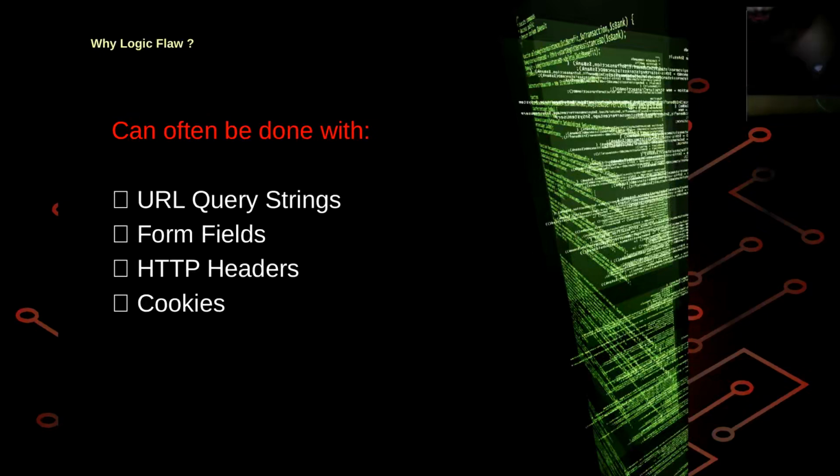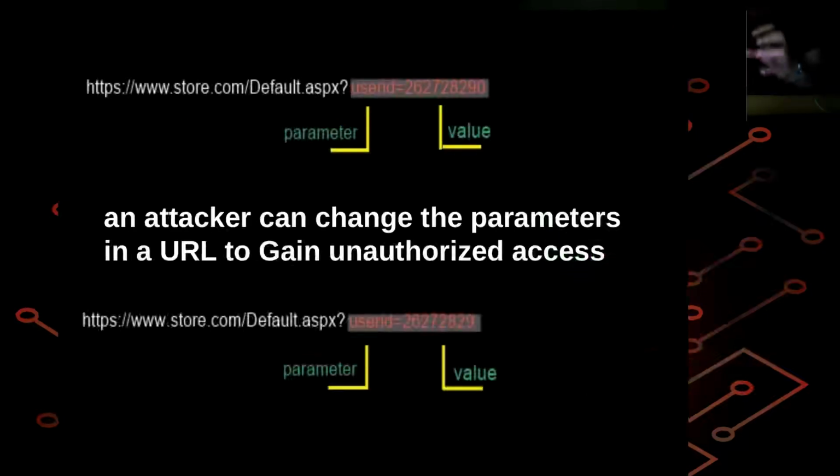We have two store websites, and these websites are vulnerable to parameter manipulation attack. In this example, we see that there are two websites with different values in the parameter. We have a store.com, this is the file, and we have the user ID parameter with its value.